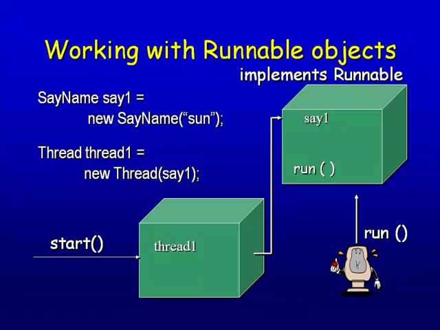In this case, we pass the object reference of our class to the constructor of new thread, and in this way there is an instance of the thread class that knows about the existence of this other class that has the Runnable Interface, and this lets everything work correctly. Now we say to the thread instance start, and ultimately that will trigger the run method of our Runnable Interface object.